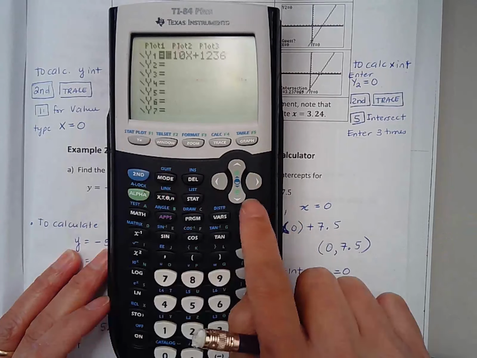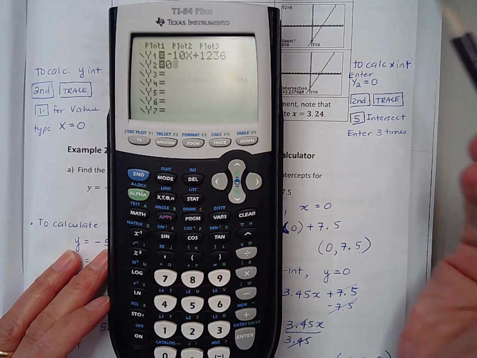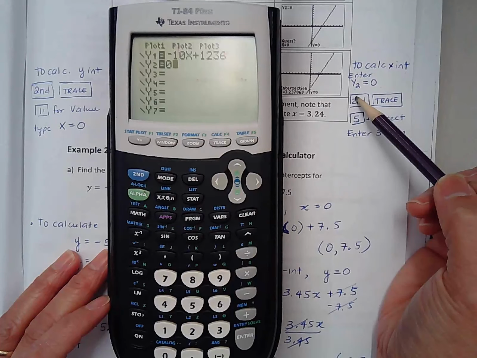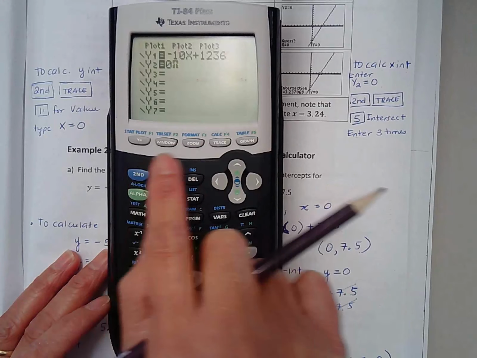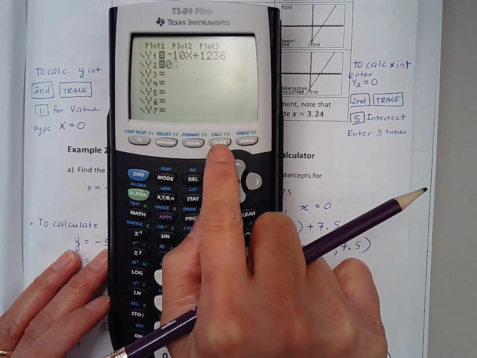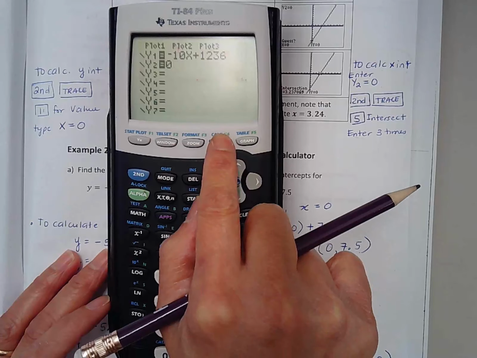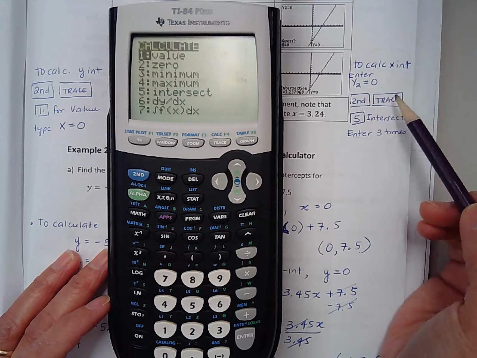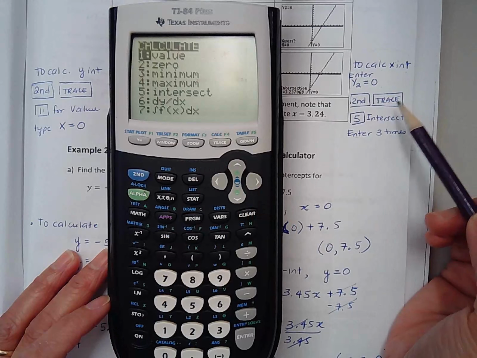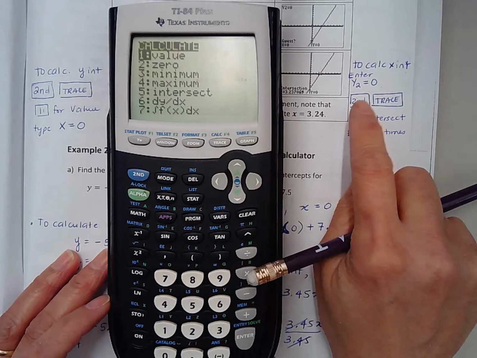And then we're going to go second function trace, and then press 5 for intersect.